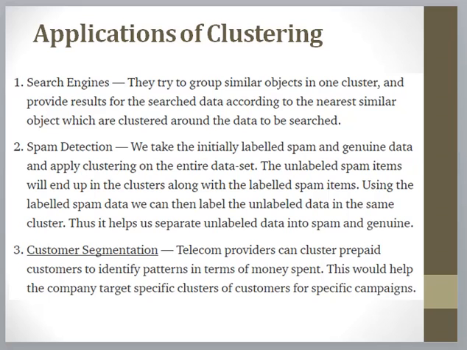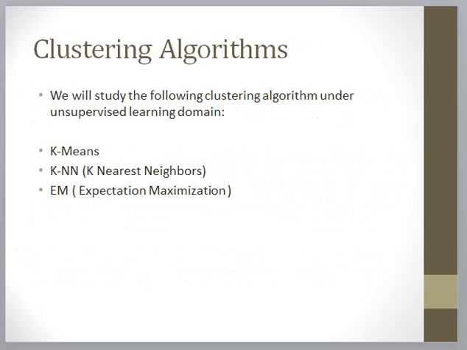So in this course, for our clustering domain, which is our unsupervised learning domain, we will basically be covering three main algorithms. One of these is k-means clustering, another is k nearest neighbors, and then expectation maximization. All these algorithms can be used to form clusters, but we will start by looking into the k-means clustering algorithm.